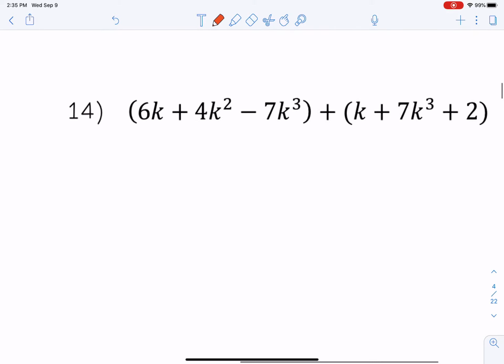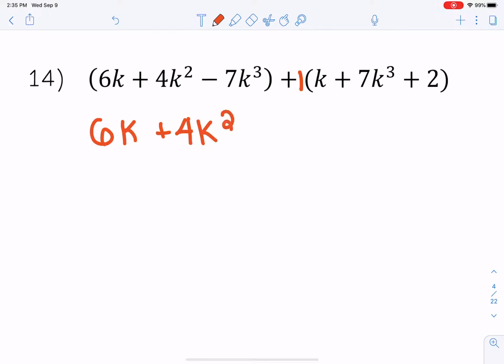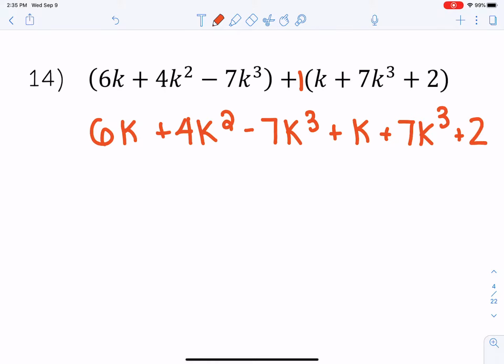This next problem looks really similar, but since we have a plus 1 right here, when we distribute it, it doesn't really do anything. So let's just drop parentheses. And now let's combine like terms.